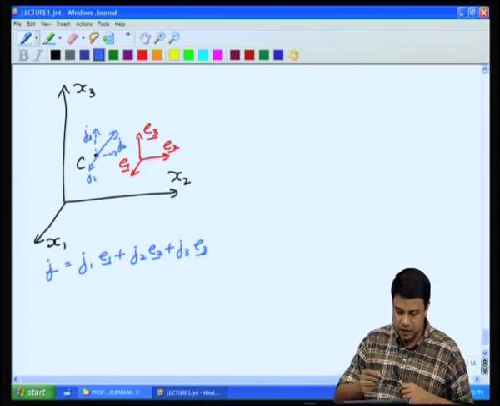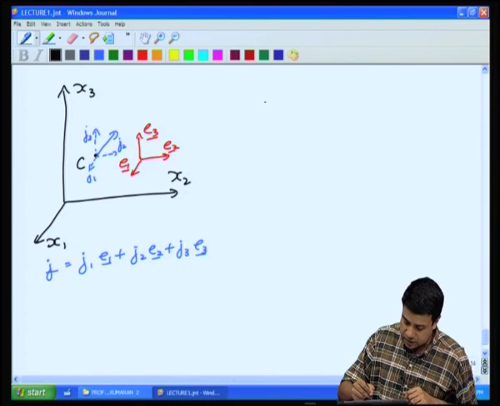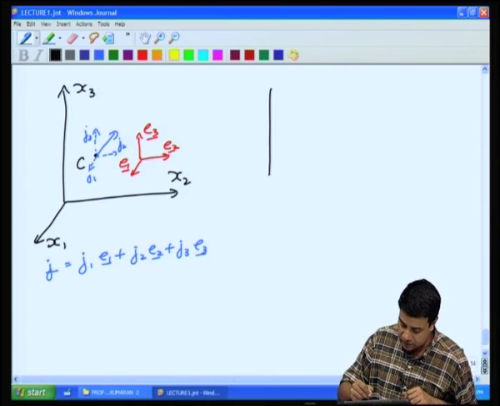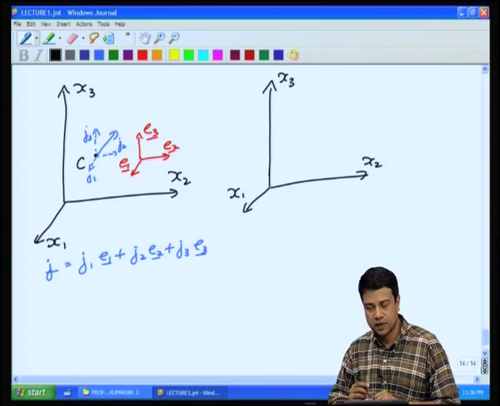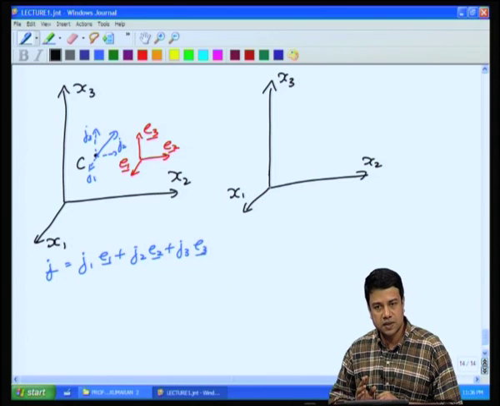Now, let us do the same thing not for a concentration field, but for a velocity field. In this particular case, what is getting transported is momentum. Momentum is a vector.